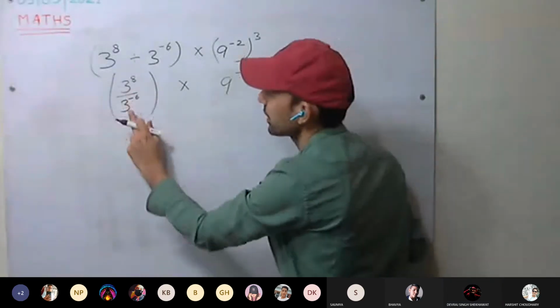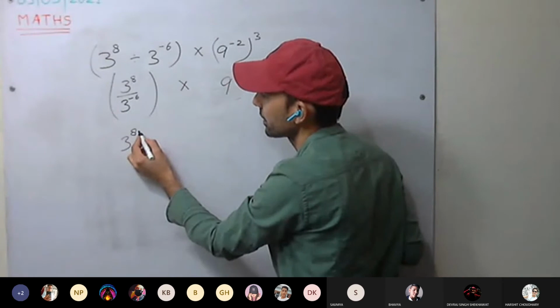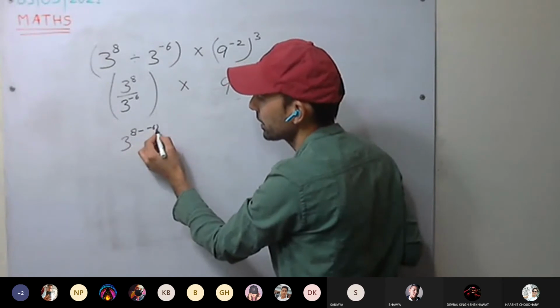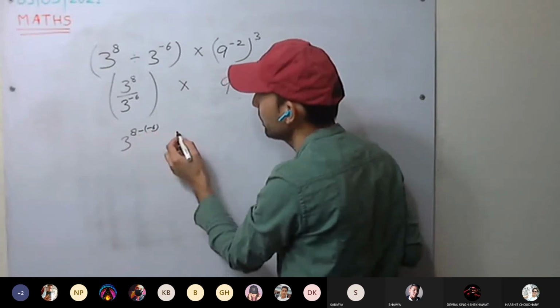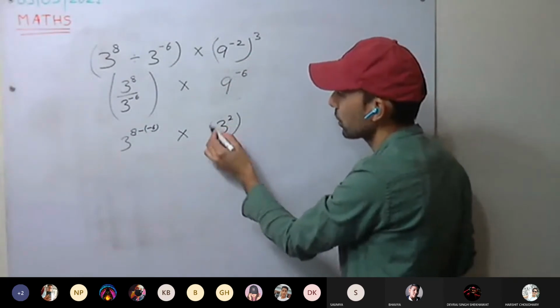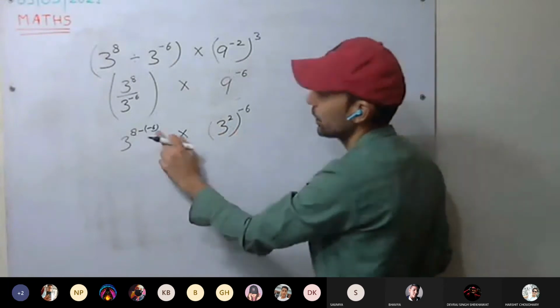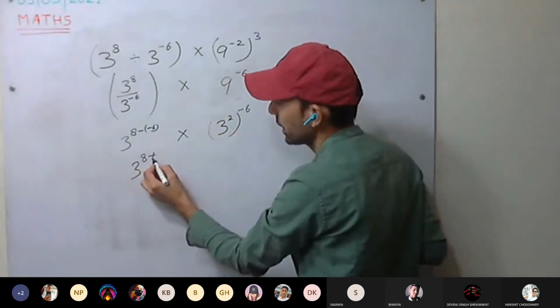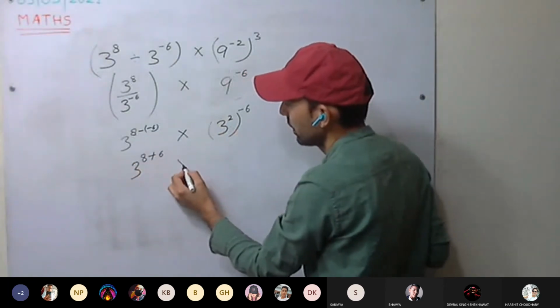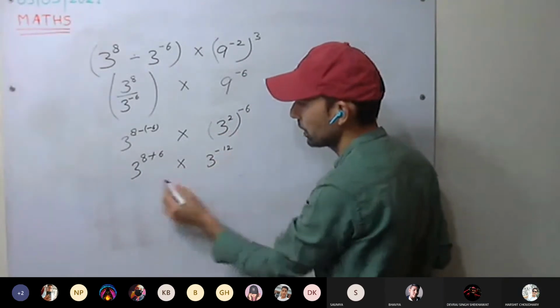Okay. This will be how much? 3 raised to power 8 minus of minus 6, so 8 plus 6. And here, 3 squared whole raised to power minus 6, so 3 raised to power minus 12.